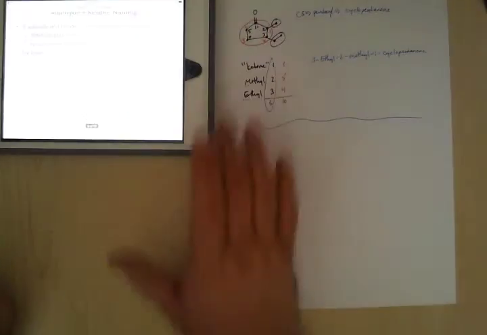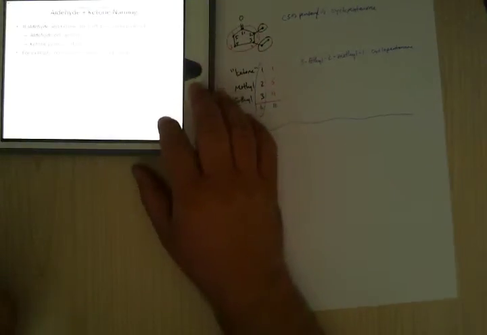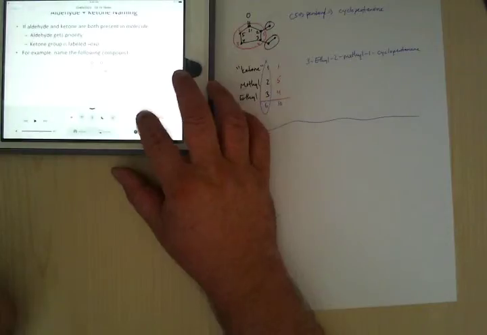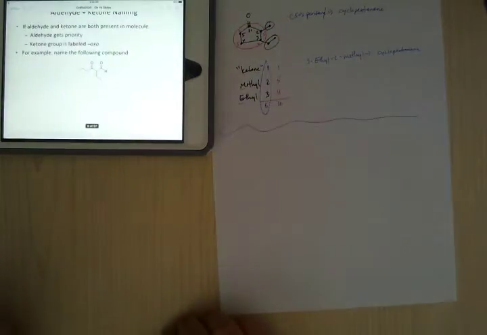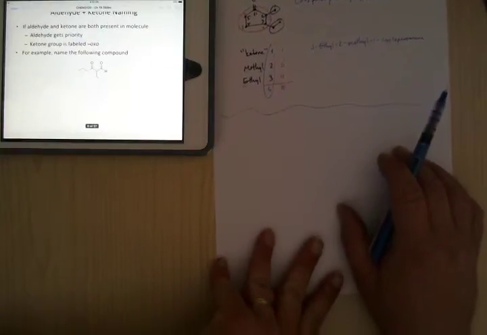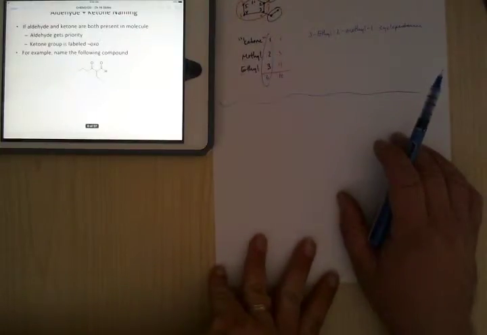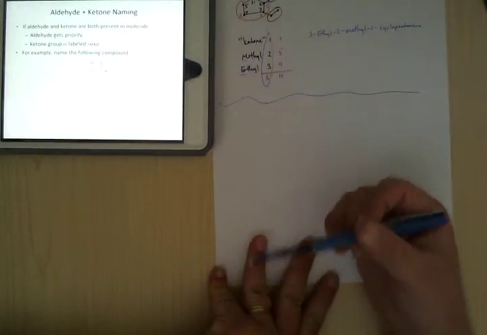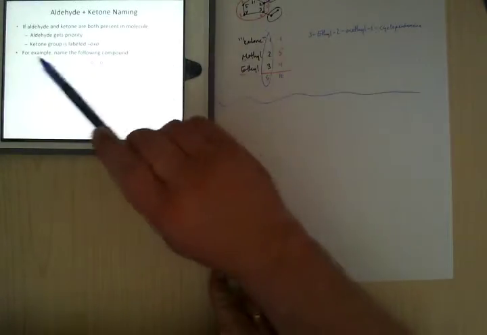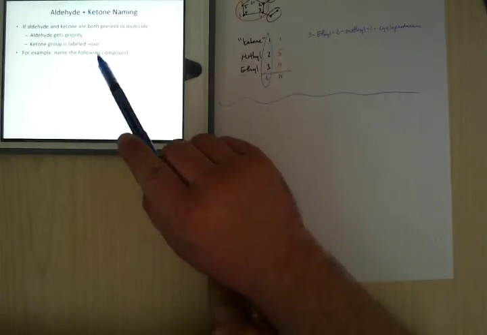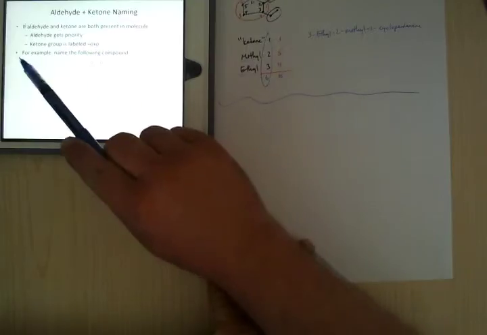That's a little bit easier to see. So with aldehydes and ketones, the aldehyde gets the priority, and the ketone group is labeled oxo, so it's considered more like a side chain.